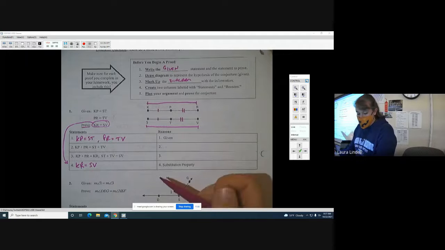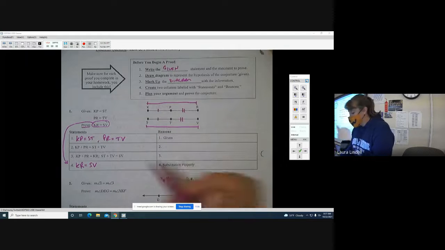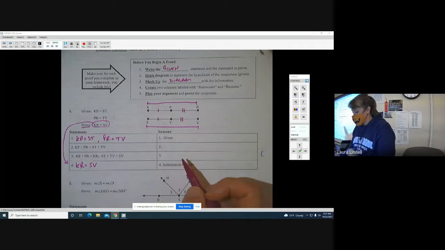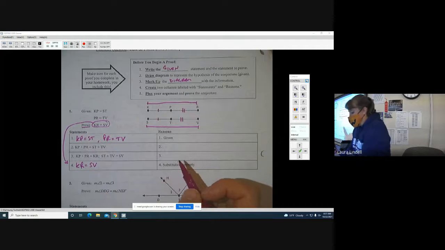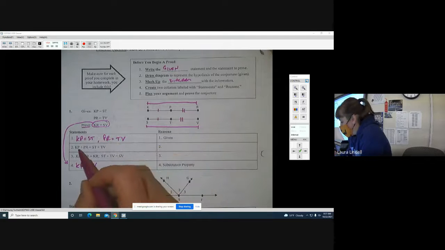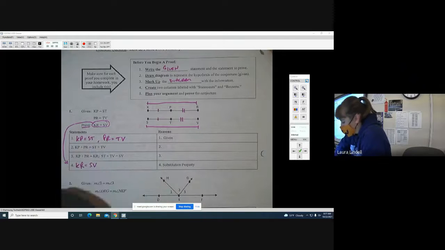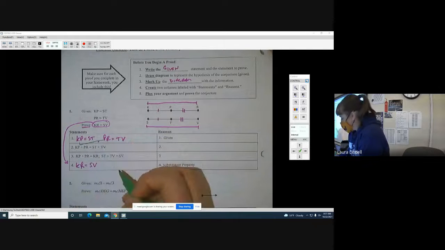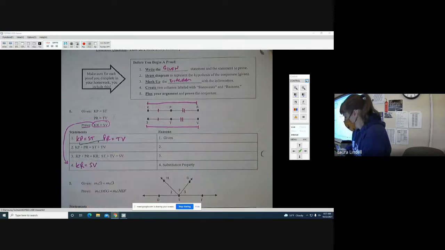So we have KP equals ST, PR equals TV. With step 2, they have KP plus PR. So they basically took these two and added them together on this side. Equals ST plus TV.